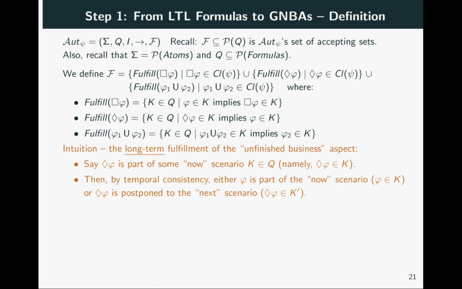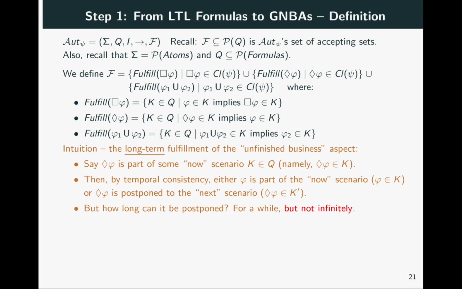By temporal consistency, we have that either phi is in the now scenario, in which case the promise of eventually phi has already been fulfilled, no unfinished business here, or alternatively, phi is not part of the now scenario. So eventually phi will be postponed to the next scenario on the sequence. So let's call the now scenario k and the next scenario k prime.